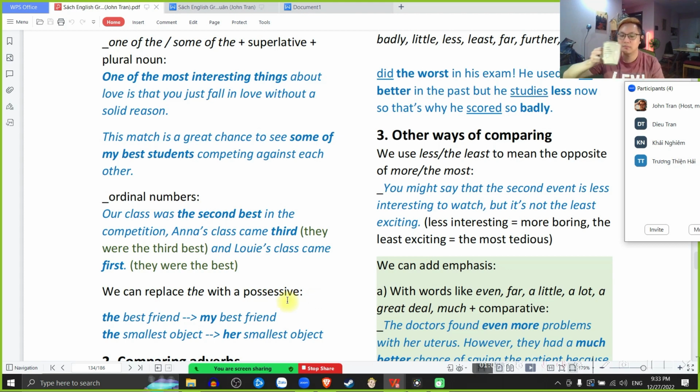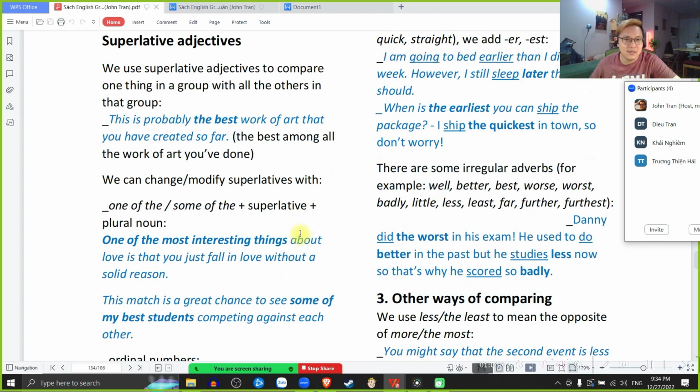We can replace the with a possessive. The best friend. My best friend. The smallest object. A smaller object. Her smallest object. Alright, good.